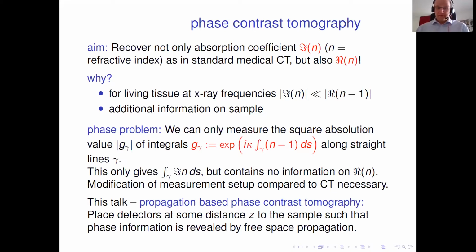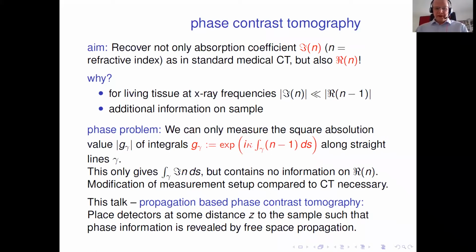Okay, so if we want to get some information on the real part of n, we need to modify the measurement setup to somehow get additional information on the phase of these line integrals, or the exponential of these line integrals. There are different techniques to do this. Interferometric techniques were also mentioned briefly yesterday, but they are experimentally quite difficult to realize.